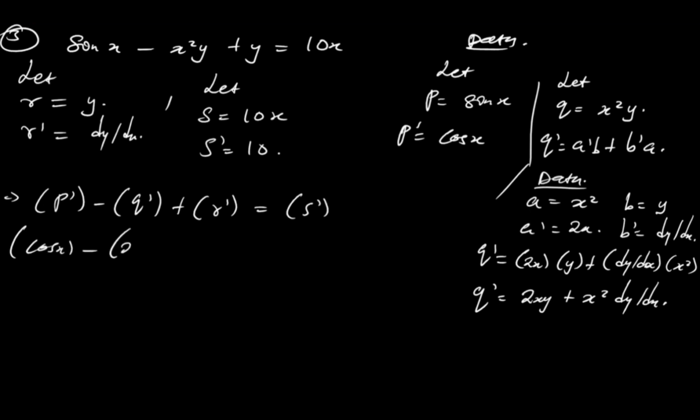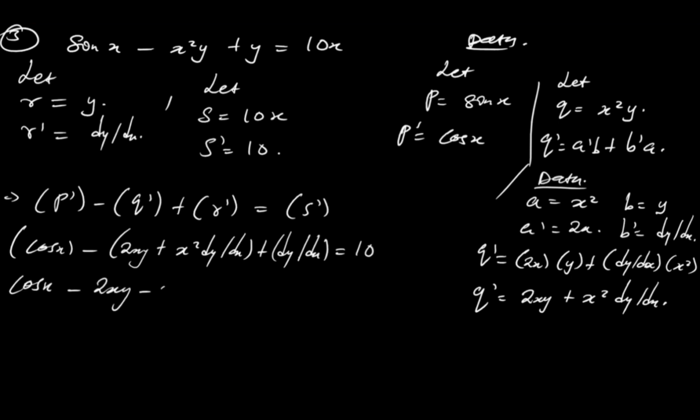Q prime is 2xy plus x squared dy over dx, plus r prime, which is just dy over dx, being equal to s prime, which is just 10. Now, if you follow it out, you'll be having something like cos x minus 2xy minus x squared dy over dx plus dy over dx being equal to 10.